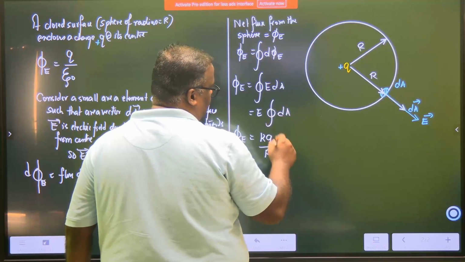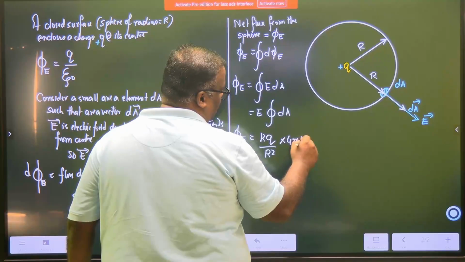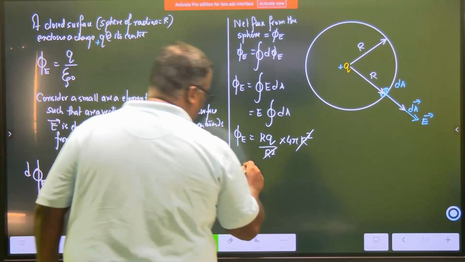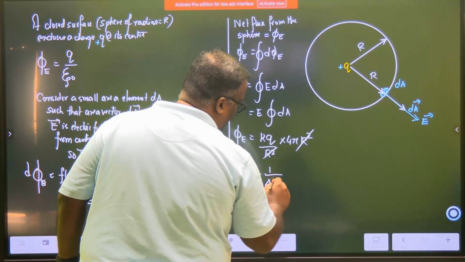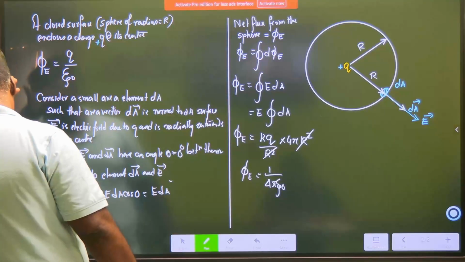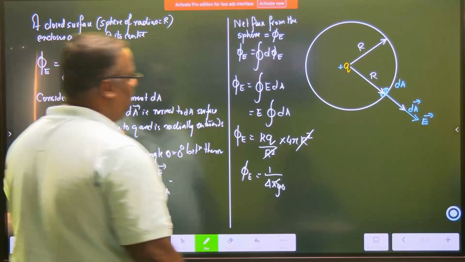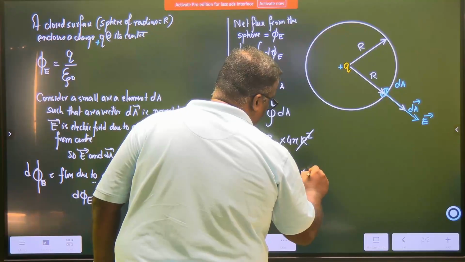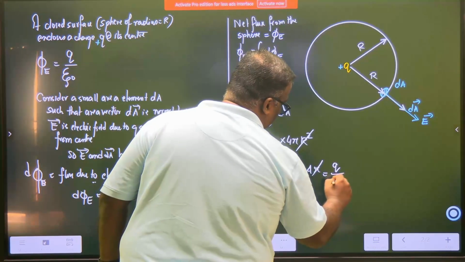And this is the total surface area of a sphere, which is 4 pi R square. R square takes off R square. Right? So phi E is given as 1 by 4 pi epsilon naught. It should be more specific also. The sphere has only air inside it. Multiplied by Q, multiplied by 4 pi. The 4 pi takes away, so it becomes Q by epsilon naught.